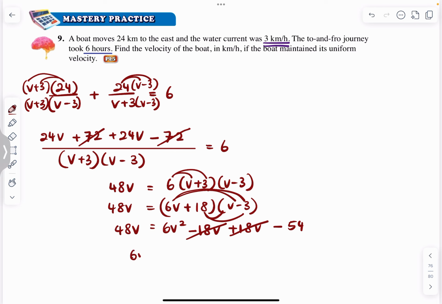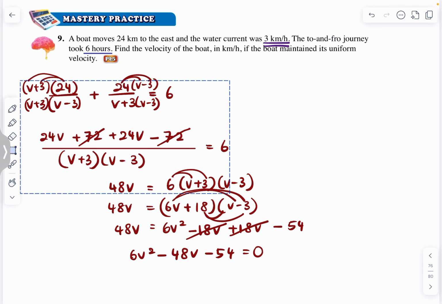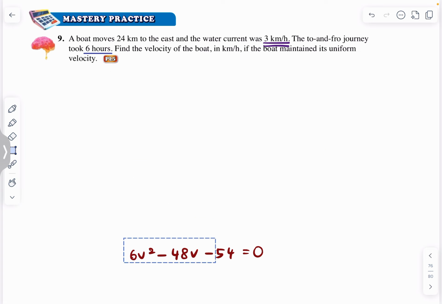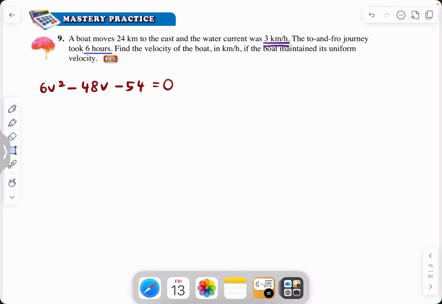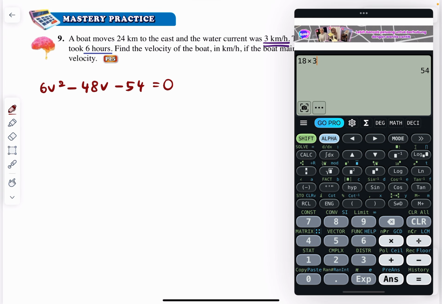So we'll get 6v squared minus 48v minus 54 equals 0. Now we have to solve this by factorizing. First, this whole equation can be divided by 6. So we simplify first. We'll get v squared minus 8v minus 9 equals 0.